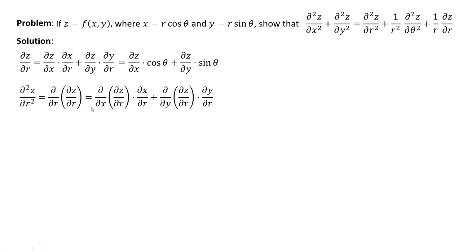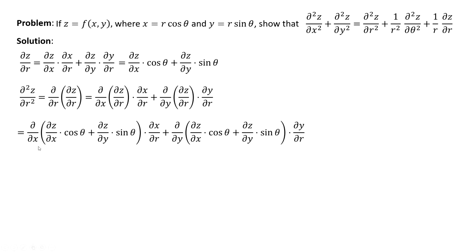That's the advantage of looking at partial z with respect to r as partial with respect to r of the quantity z. Cool? All right. And then the rest of it is plug and chug. Partial with respect to x. We know partial z with respect to r from the previous step. I'm looking at that. I'm plugging that here. Times partial. So it's just a patience game.